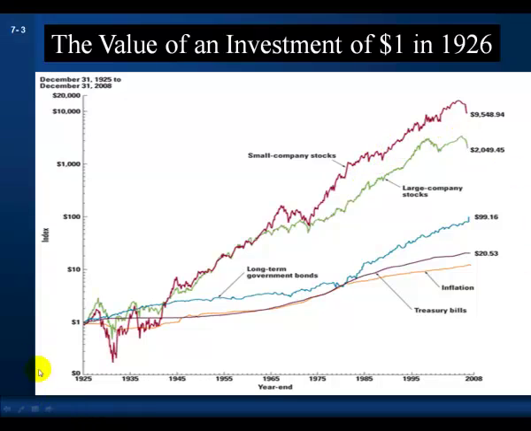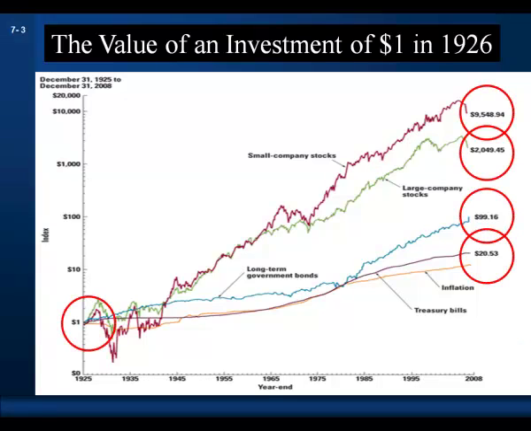There have been periods of negative returns, but if you held your investment over a reasonable period of time, you more likely would have earned a positive holding period return. The final values for the four portfolios range from $20.53 for T-bills to $9,548 for small cap stocks.